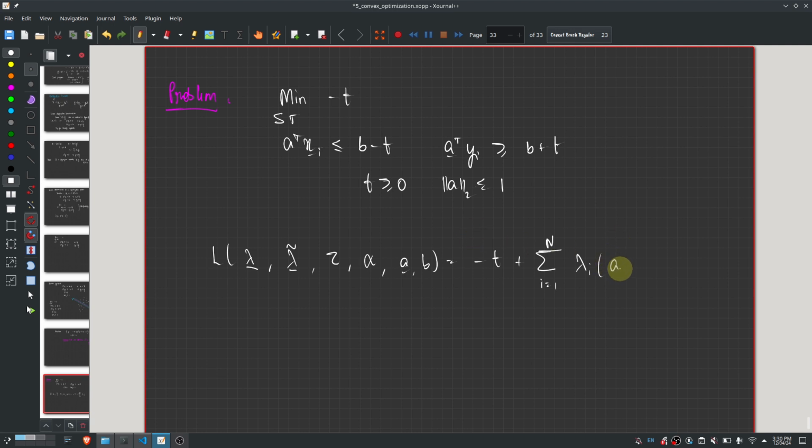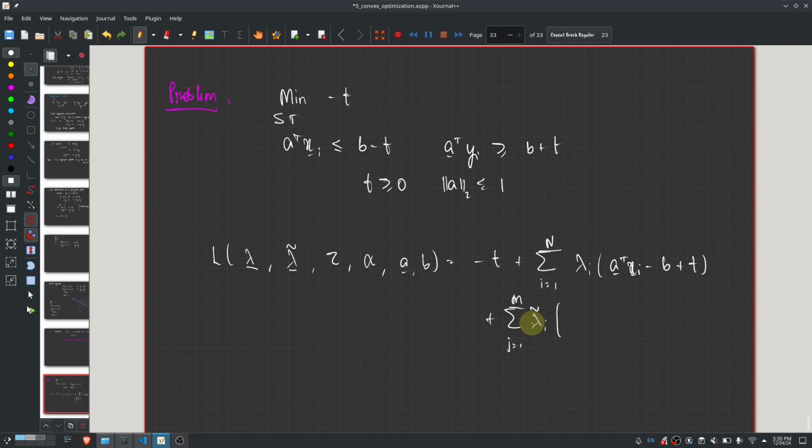A transpose x_i minus b plus t, plus summation j equal to 1 to capital M, lambda_j tilde times, you have to be careful here.